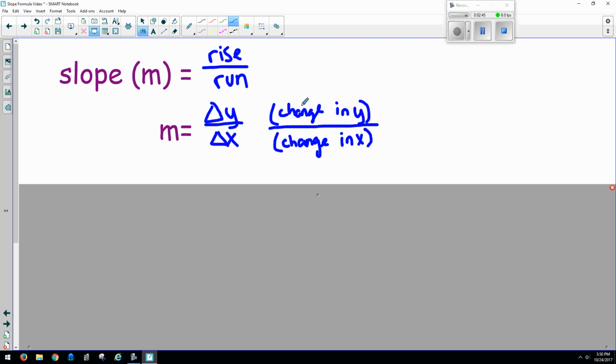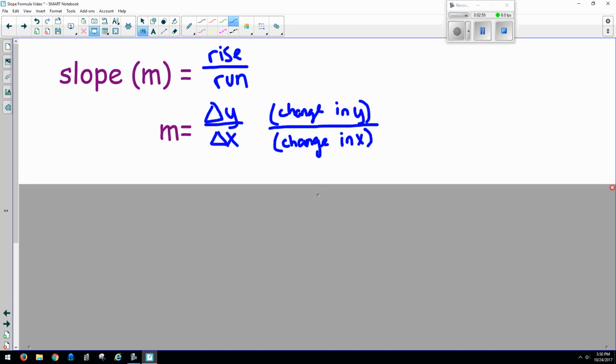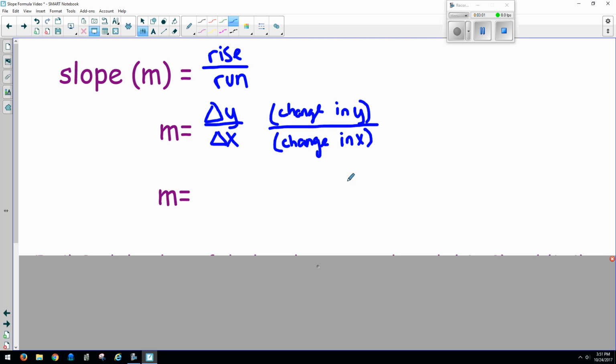And so what we're really talking about, if we look back to this problem, is how do the y values change? And how do the x values change? And that's really where the slope formula is coming from. So here's our slope formula. And this is when we have 2 points.